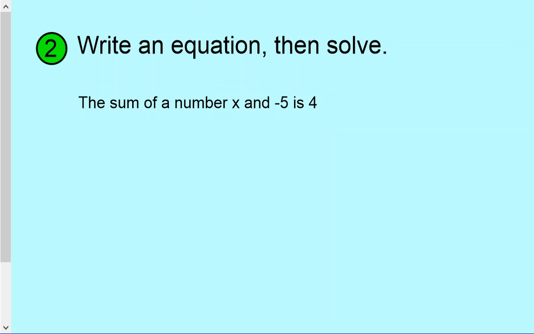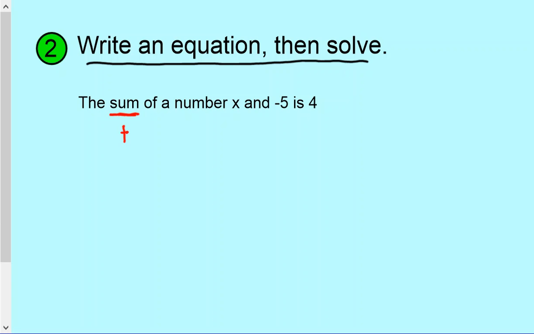Alright, first I would like you to write down the directions here: write an equation and then solve. The sentence we are working with is: the sum of a number x and negative 5 is 4. We have multiple keywords in here. The sum tells us that we are adding numbers together.